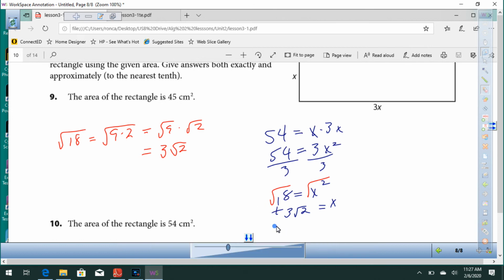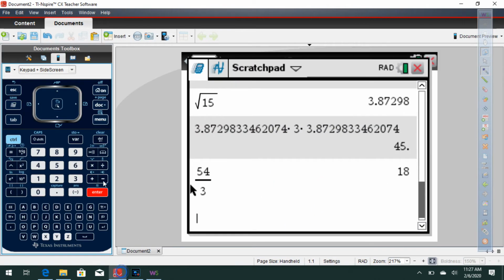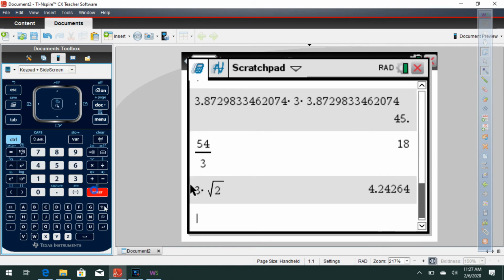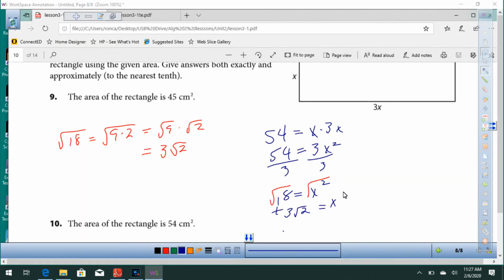Again, you can't have a negative here. And 3 times the square root of 2 is approximately 4.24.